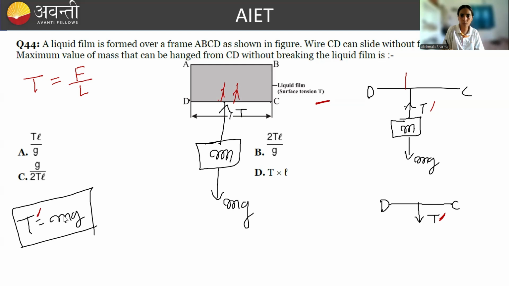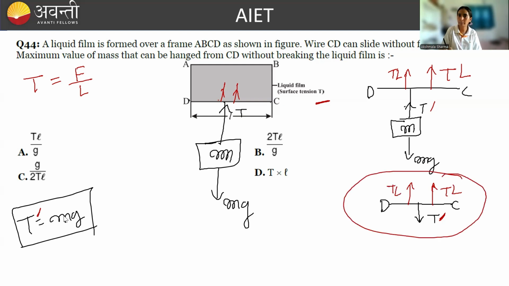If I apply the tension force, one at the front that is TL, and another at the back that is TL. So if I apply these two forces on the film, this is TL and this is TL. And if you talk about equilibrium of this film and string, you can see clearly what is happening here.